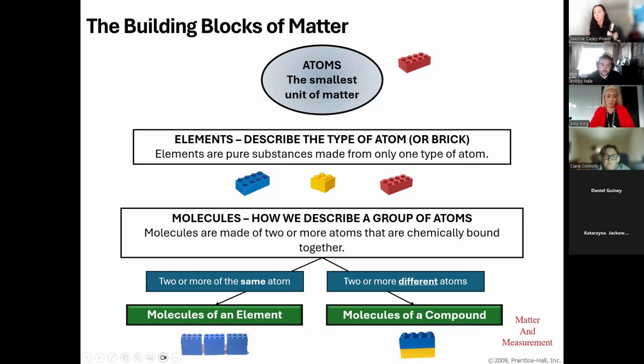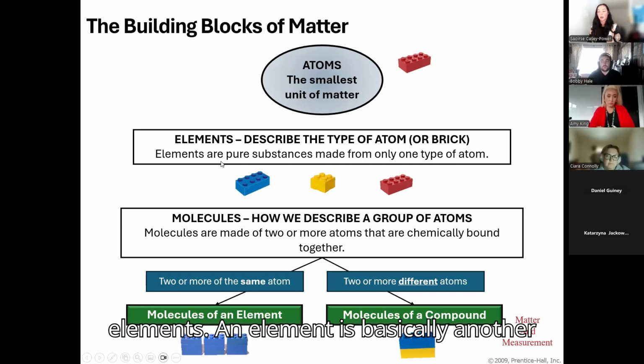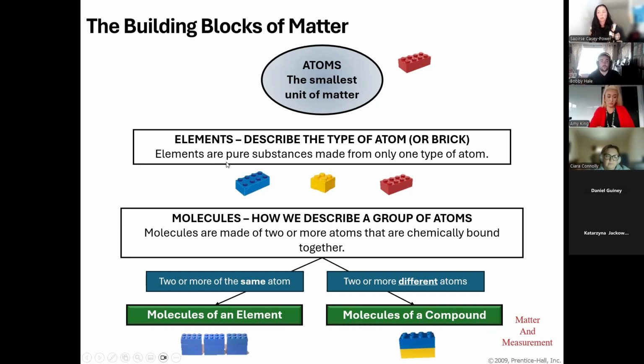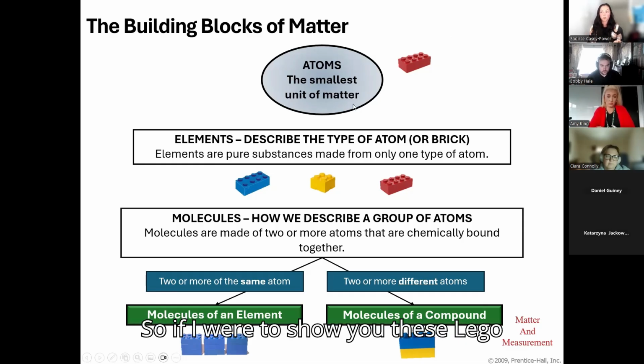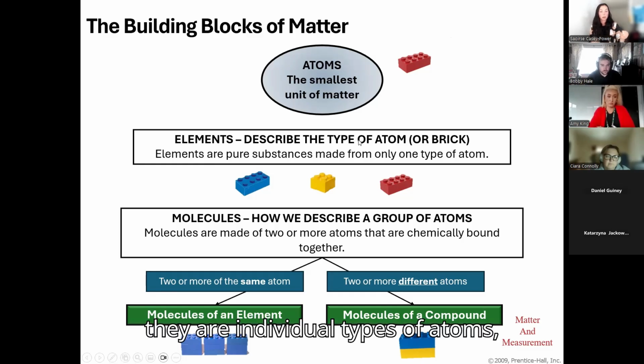These are our atoms. Then elements, which we will come across throughout the fundamentals of chemistry module. We'll be talking about the periodic table of elements. An element is another word to describe the type of atom. They're made up of only one type of atom. If I show you these Lego bricks, a blue, a yellow and a red brick, they are individual types of atoms.